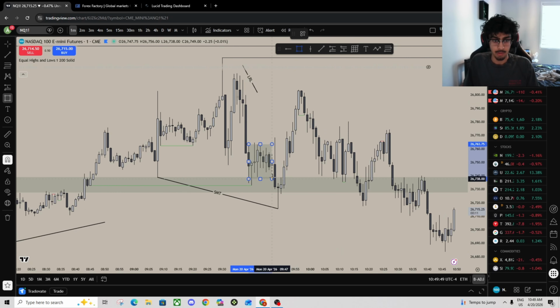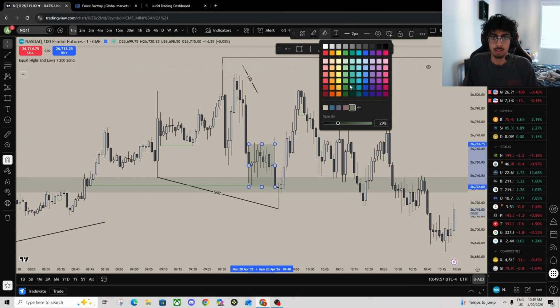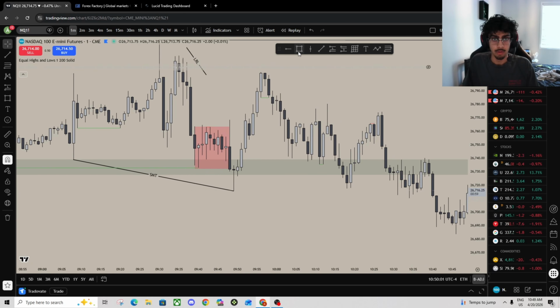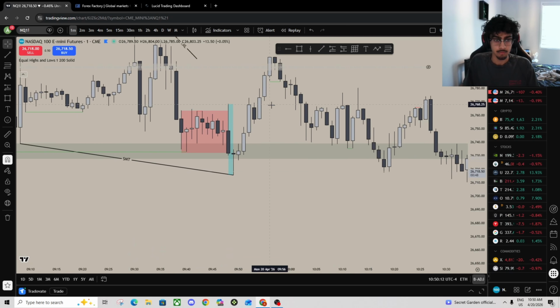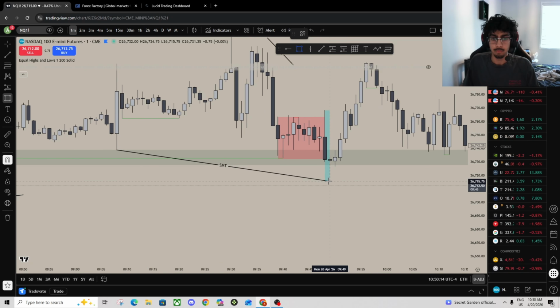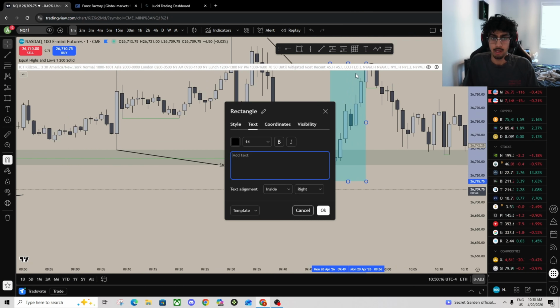We had this accumulation right here. Let's just put this in red. Then manipulated lower right here. And then I was expecting that distribution higher.